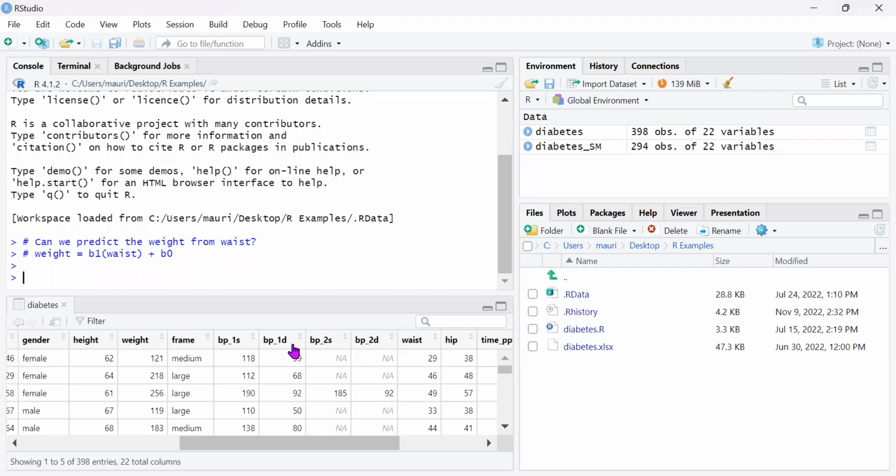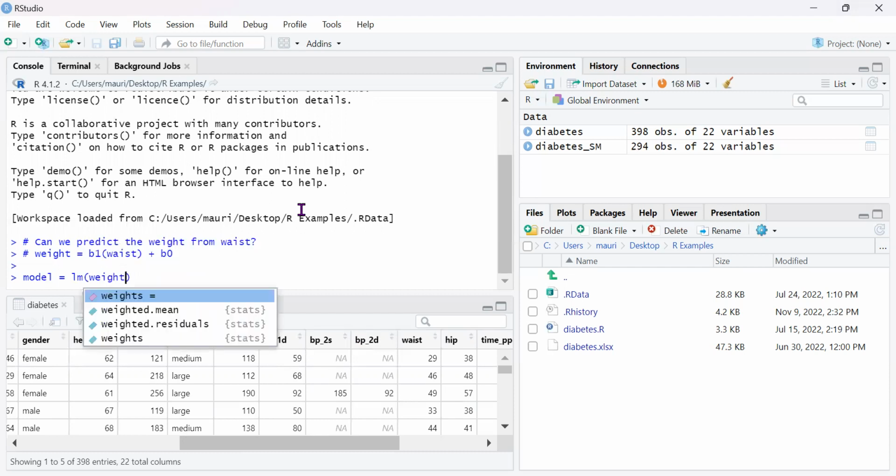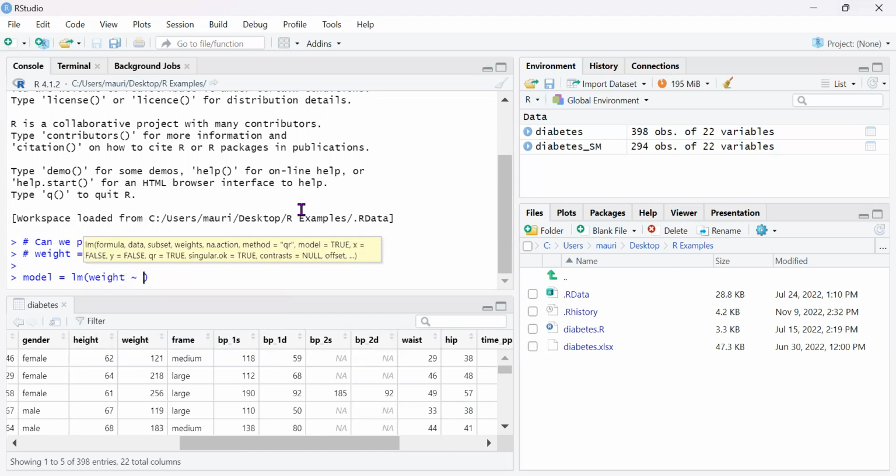So let's start. We construct a model. Since we are going to use linear regression, it's called lm. The equation is the weight, tilde, which is then the independent variable, the waist.